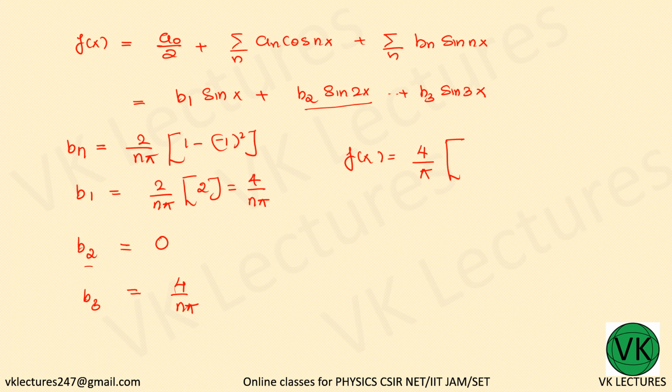So 4 by pi outside, b1 is 4 by pi sin x, then we have plus this b3, which is equal to 4 by 3 pi because n equal to 3. So sin 3x by 3, plus the next term will be sin 5x by 5.